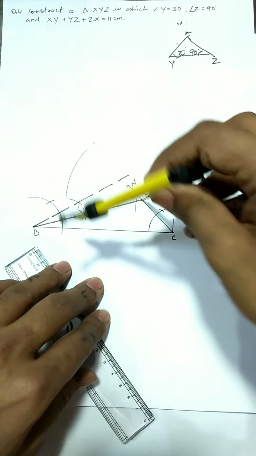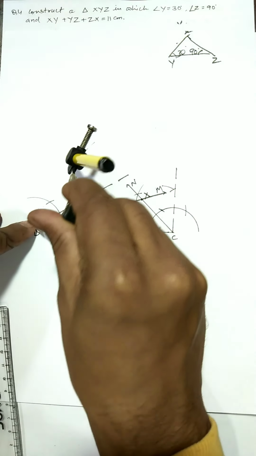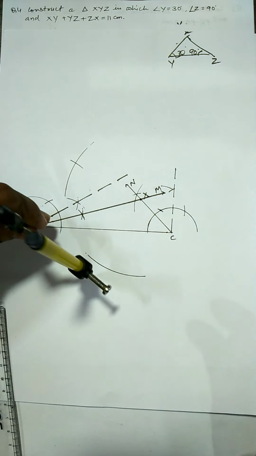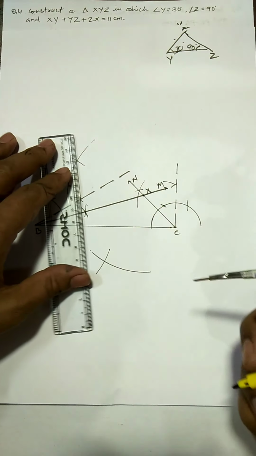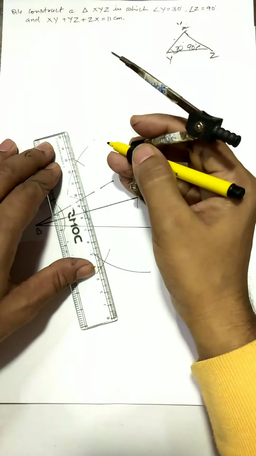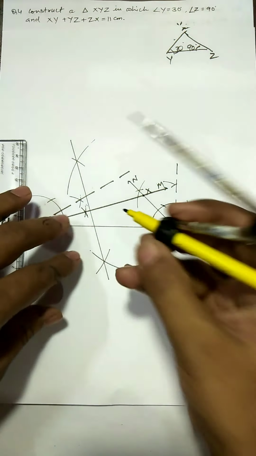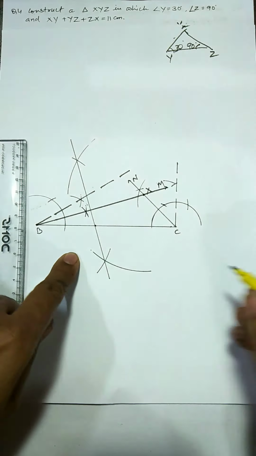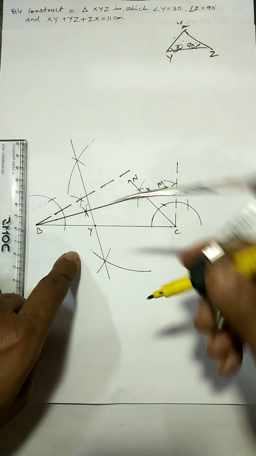So this way we have drawn like this, and now you join these two intersection points. Okay, so that point which you have got now, which is on BC, this point is your Y.